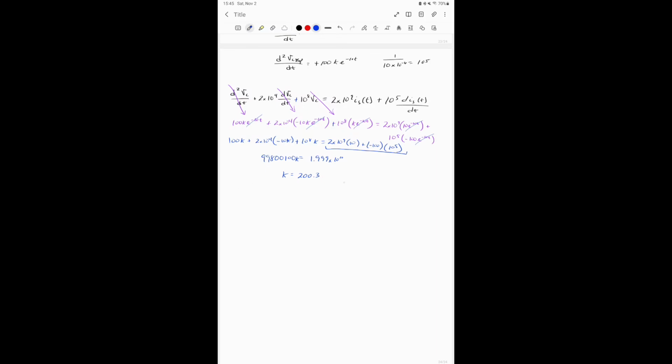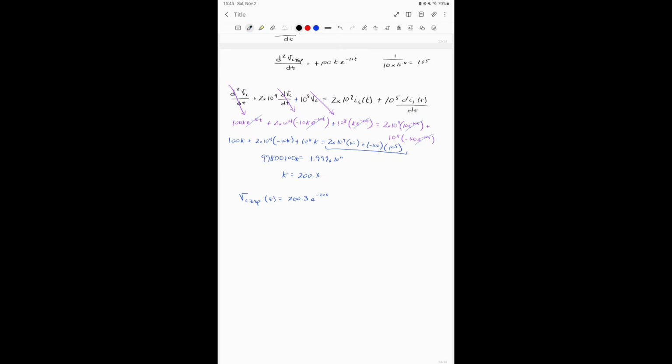But moving forward, we can now include the fact that the VC0 state particular of t is equal to 200.3. That's for your k value, so it's going to be times your e to the negative 10t. Okay? All right.